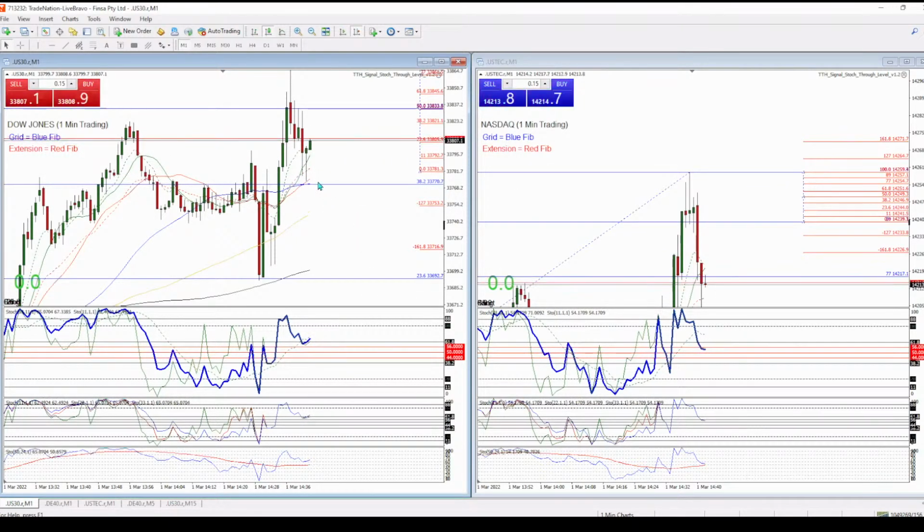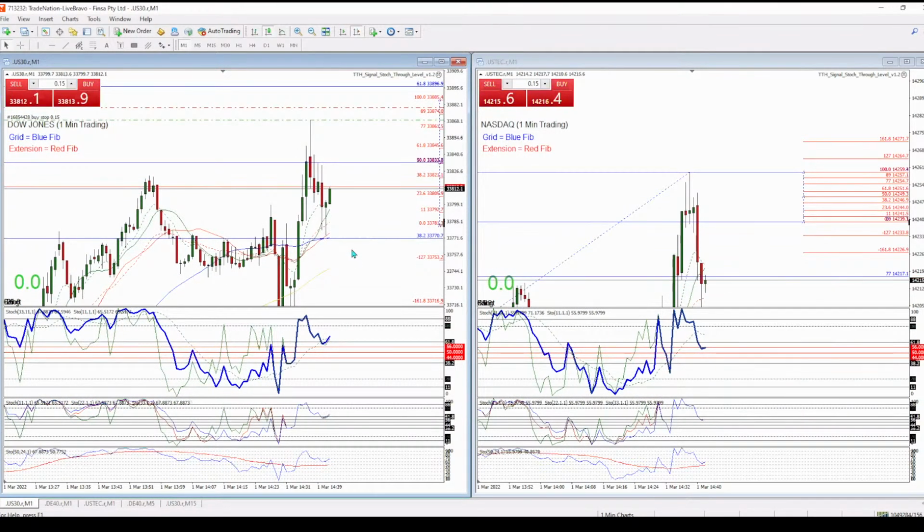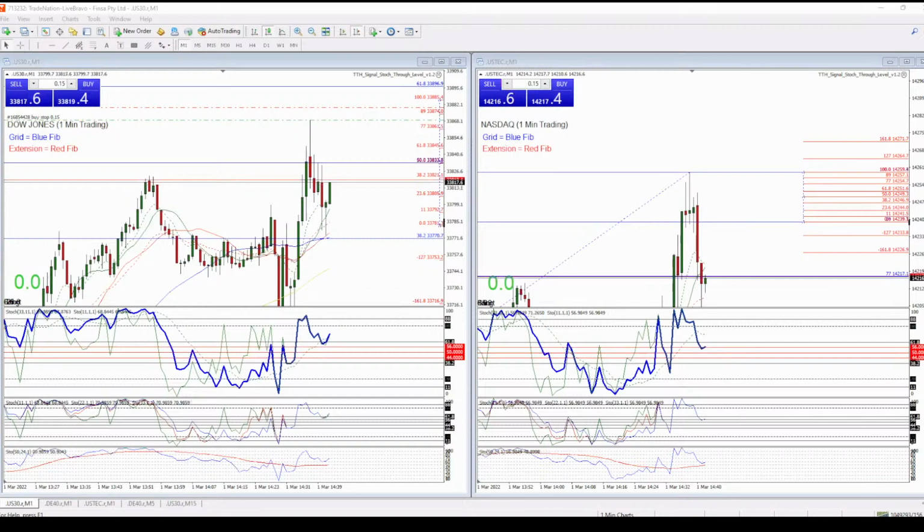I'm out above 61.8 again. 33 back down, not going to re-enter that trade.